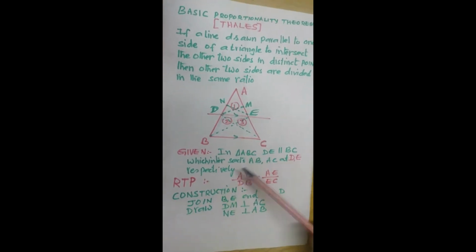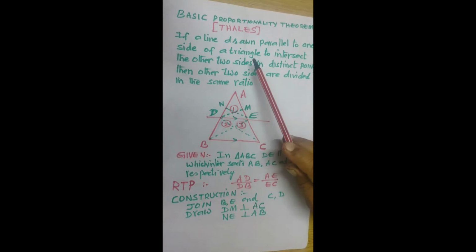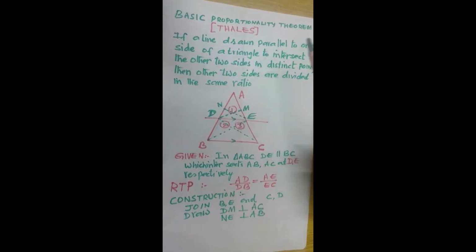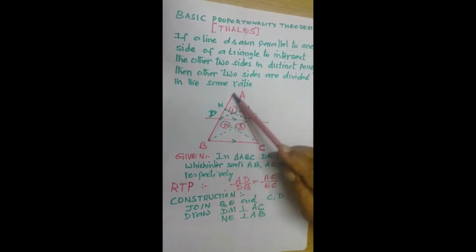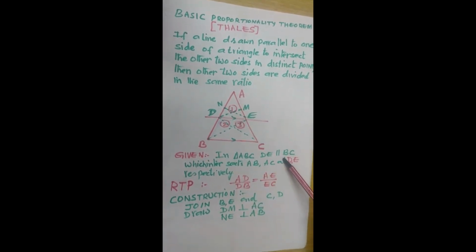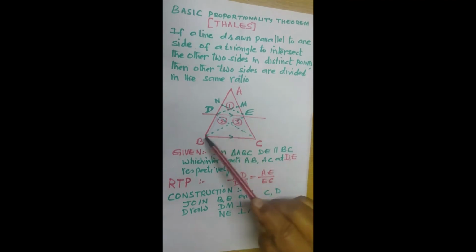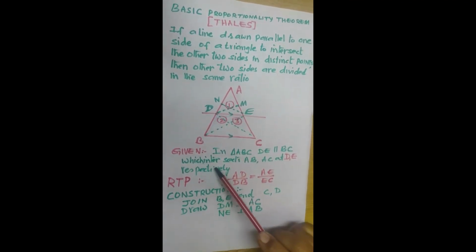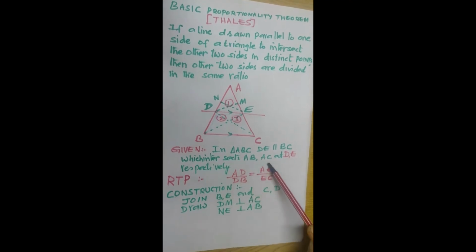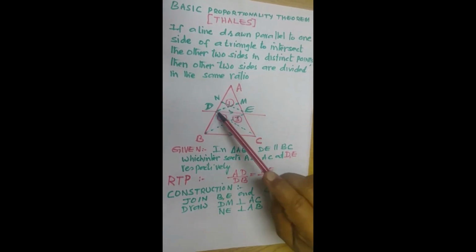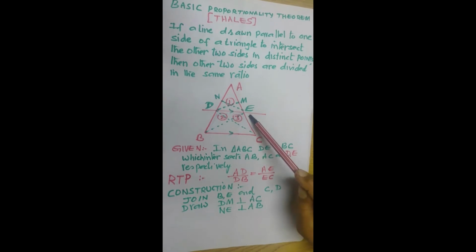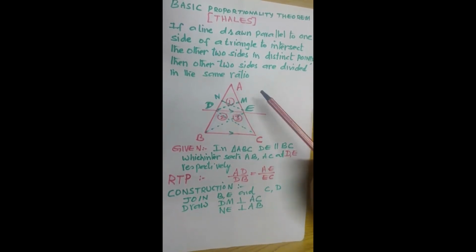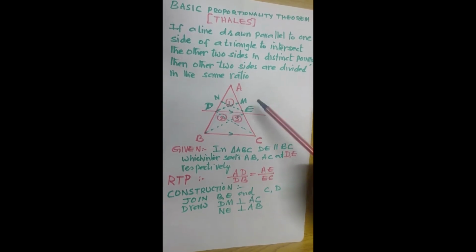So what is given? The first line of the theorem gives the given data. In a triangle ABC, DE is parallel to BC, indicated by the arrow mark, which intersects AB and AC respectively at D and E. This is the given data. What is asked to prove is RTP.